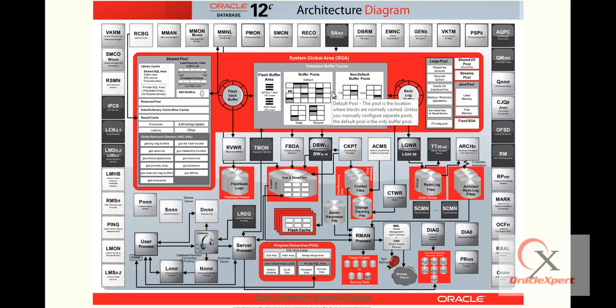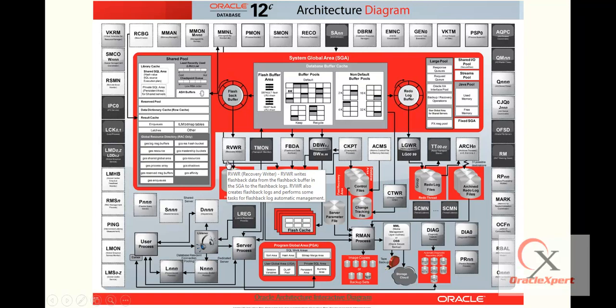The GES monitor and the instance enqueue processes manage access to Cache Fusion resources and enqueue recovery processing. So I have not touched upon in greater detail the various different memory structures within your shared pool, which are very RAC specific.